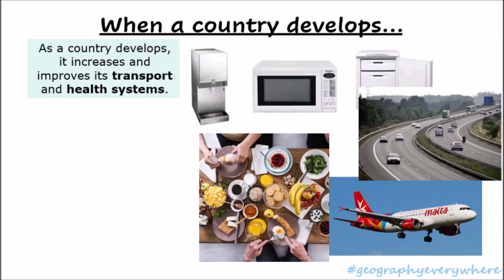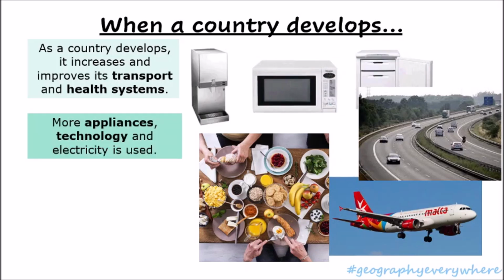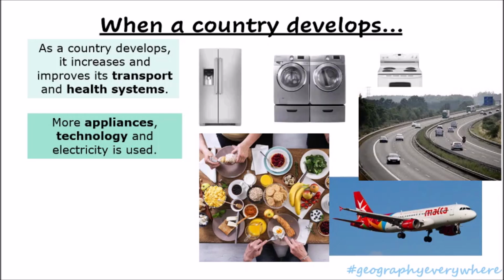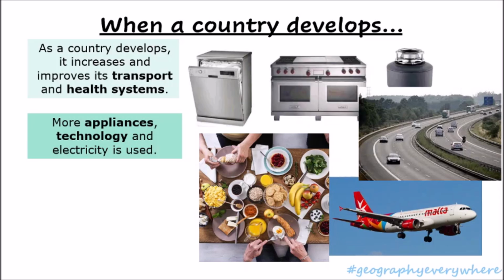They're encouraged to buy a car and use it more often. When a country develops, they use more appliances like fridges, microwaves, ovens. More technology is used like computers, mobiles, tablets. And all these appliances and technology all need to use electricity.